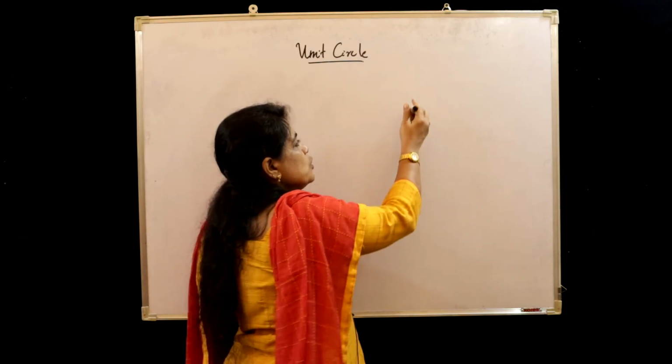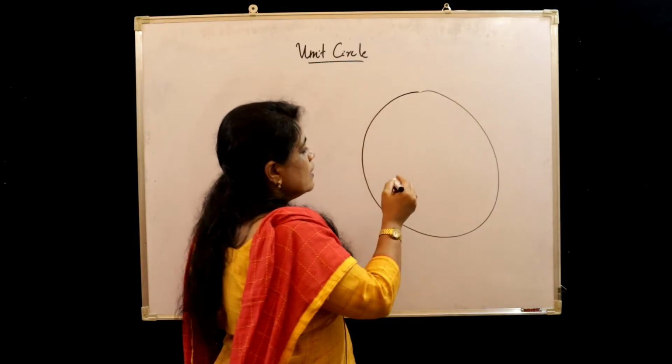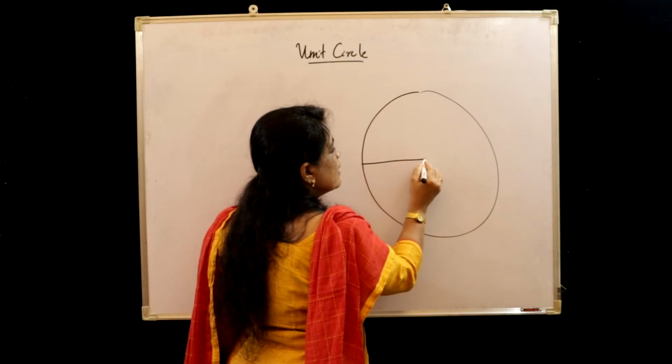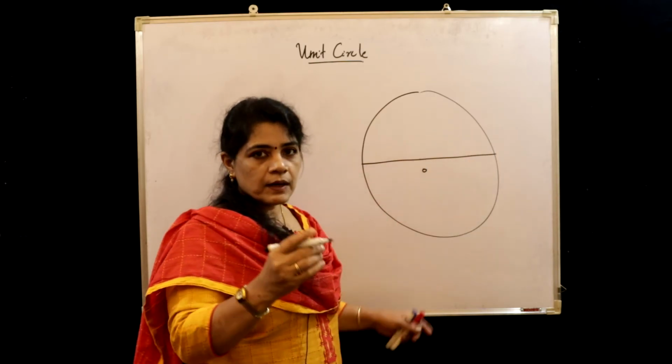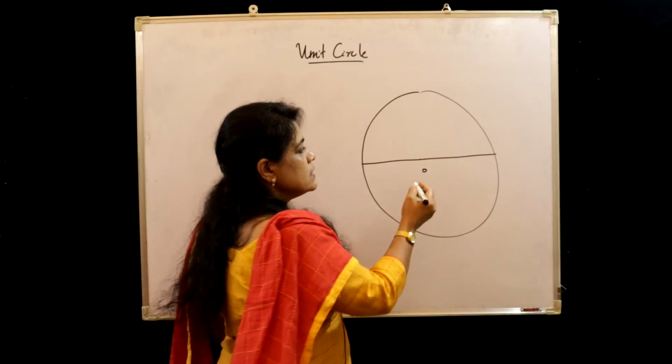So we have a unit circle, and I am drawing it with the center O, and this is one of the diameters. I am considering this as a line, that is, a number line. So it comes 0.